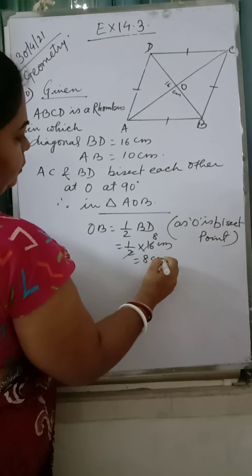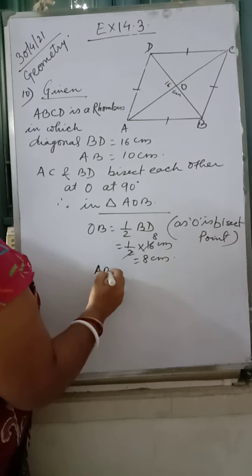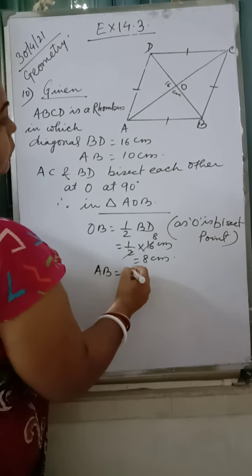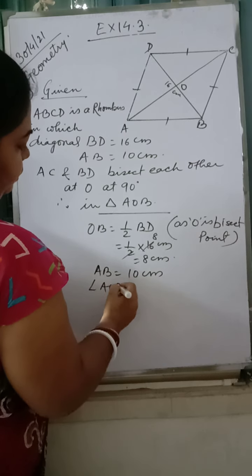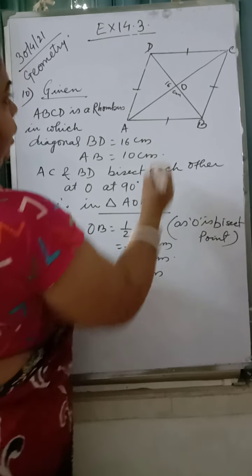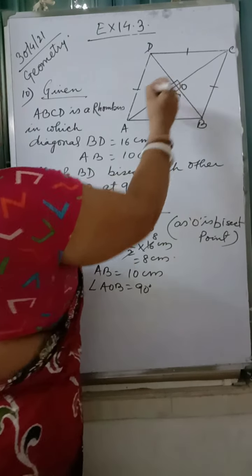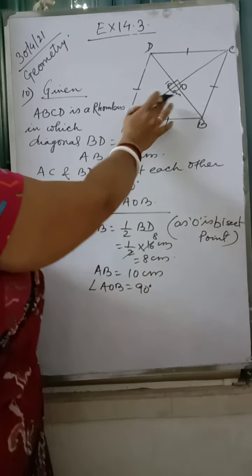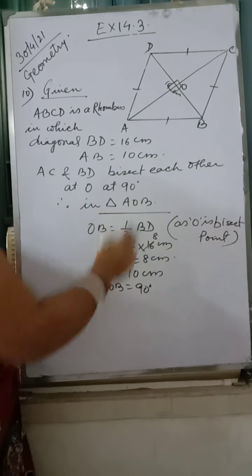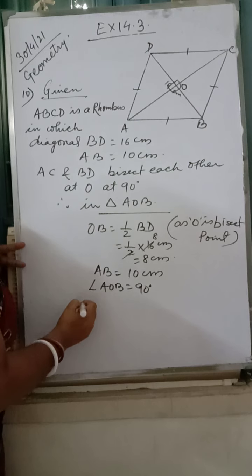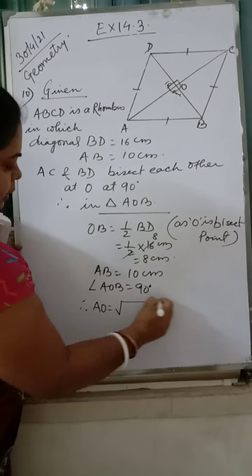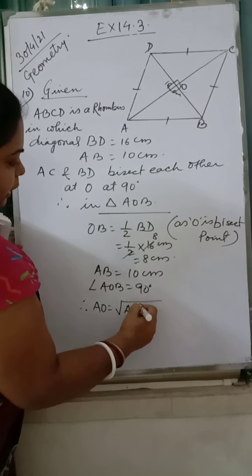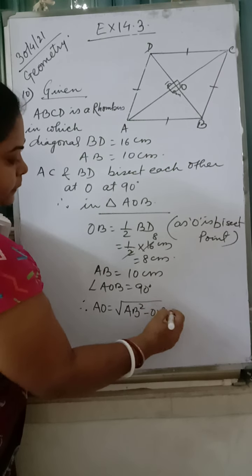AB is given 10 centimeter. Angle AOB is 90 degree. Now, in a right angle triangle, if you have perpendicular and hypotenuse, can you get the base? So therefore, we can get AO is equal to under root AB square minus OB square.